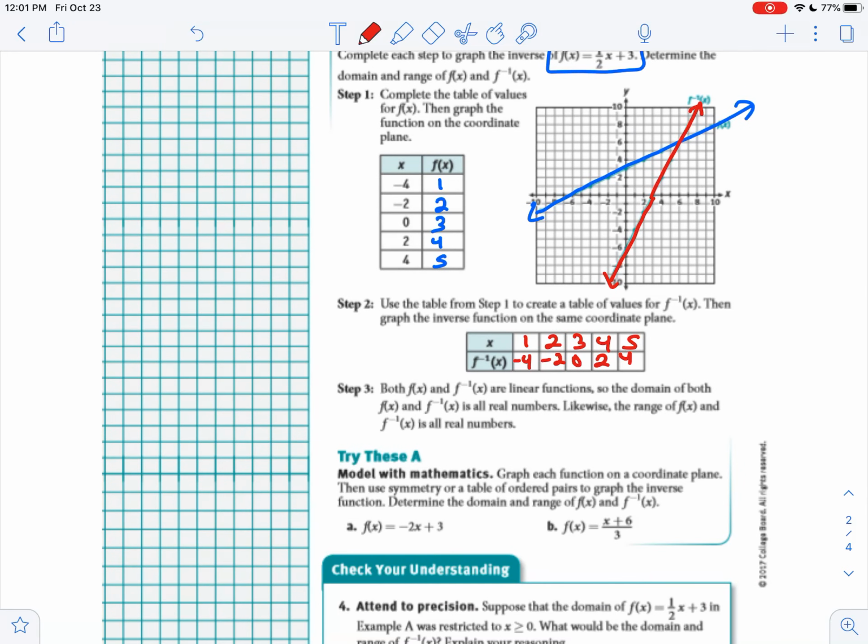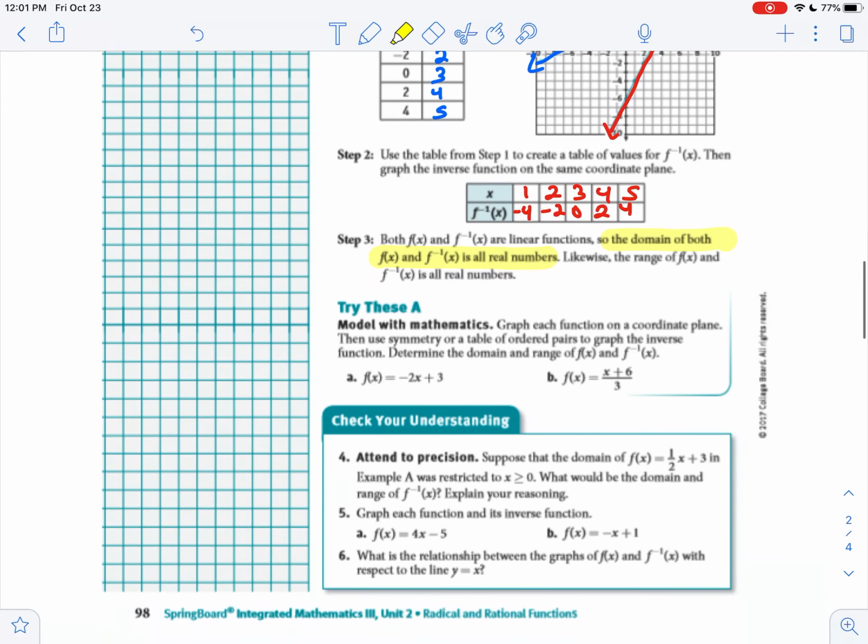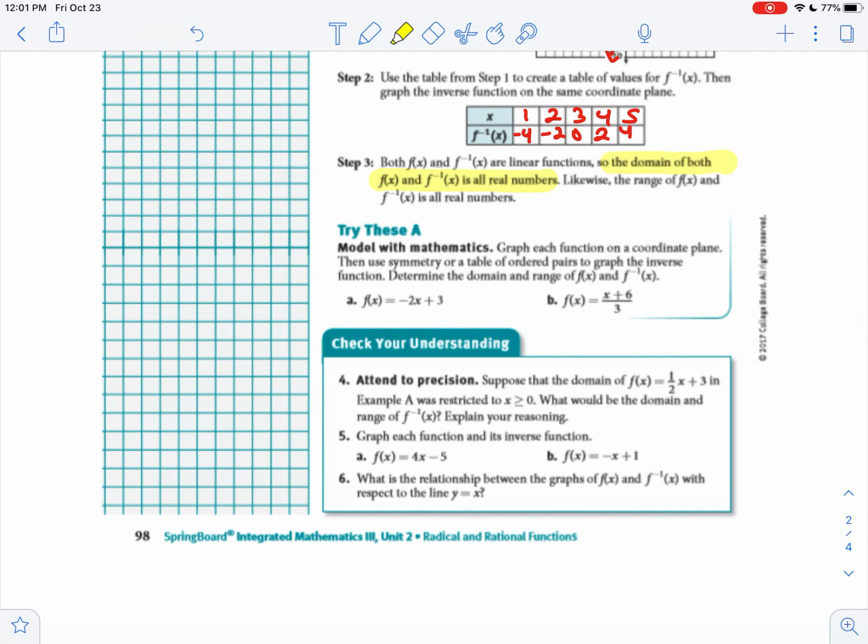And that's going to be this line right here. Both f of x and f inverse of x are linear functions, so the domain for both functions would be all real numbers. That's going to be true whenever we have linear. It's when we get to the quadratics that we have to worry about domain restrictions.